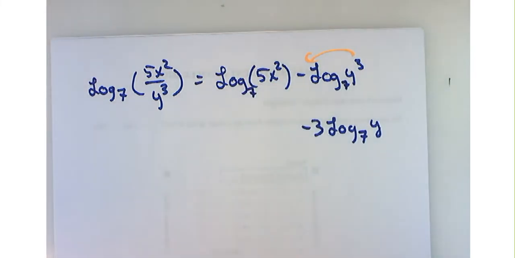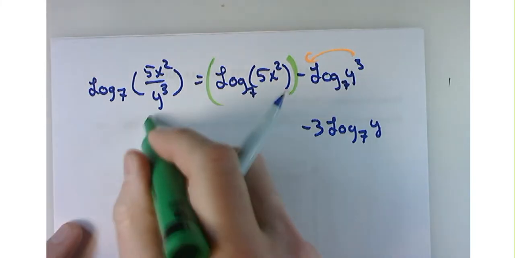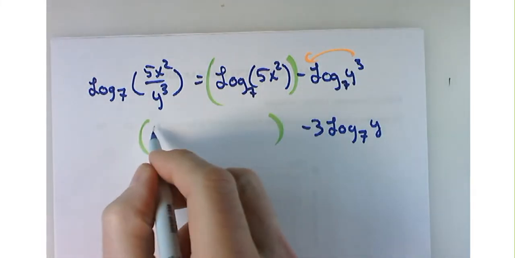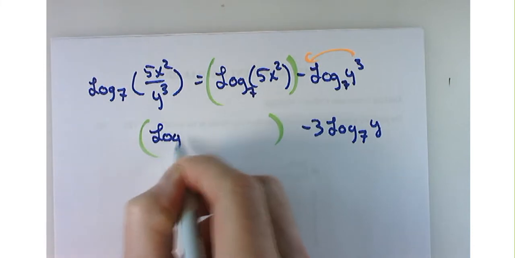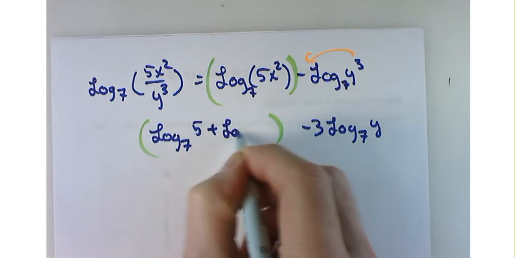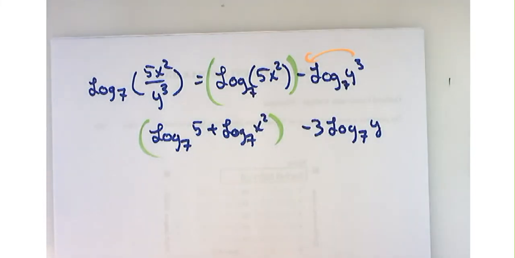So let me do this so you can keep track of where this goes. That is going to get expanded into the log base 7 of 5 plus the log base 7 of x squared. I'm almost done.